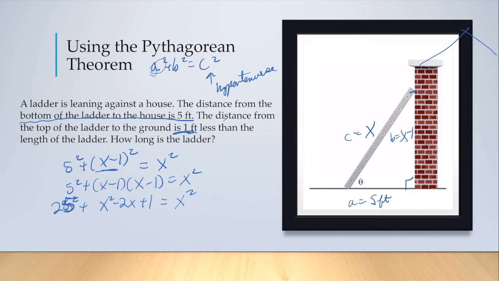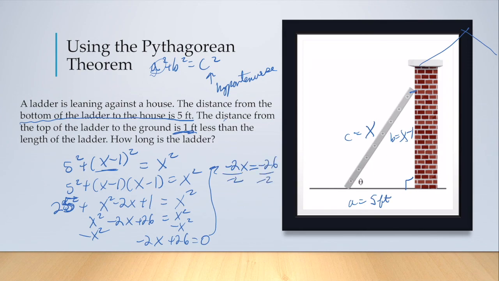I combine like terms, so I have x squared minus 2x plus 26 is x squared. Subtract x squared from both sides. I have negative 2x plus 26 is 0. I hope you see now this is just a linear equation, which is nice to solve. 2x equals 26. Divide both sides by 2. x equals 13. So the length of the ladder is 13 feet, and the height from the top of the ladder to the ground would be 12 feet.